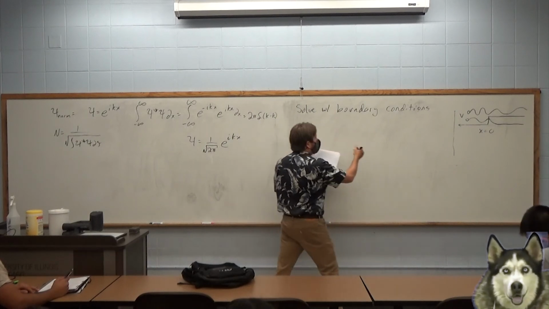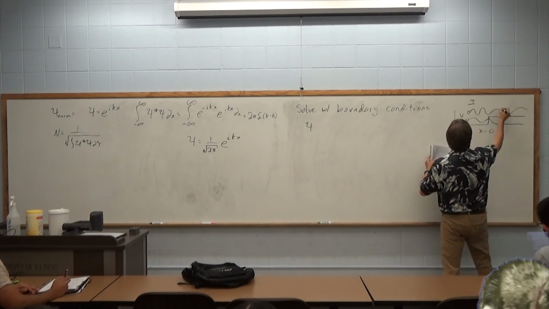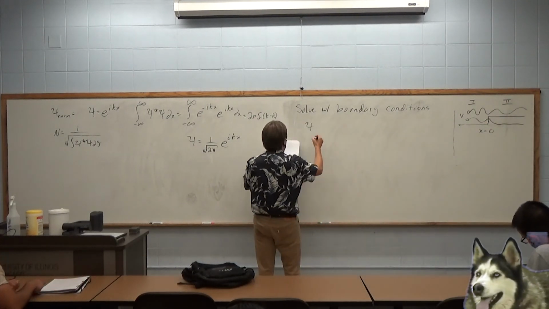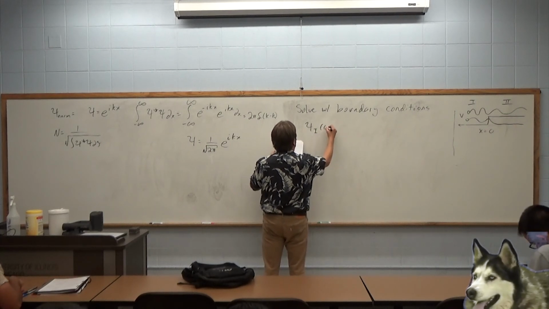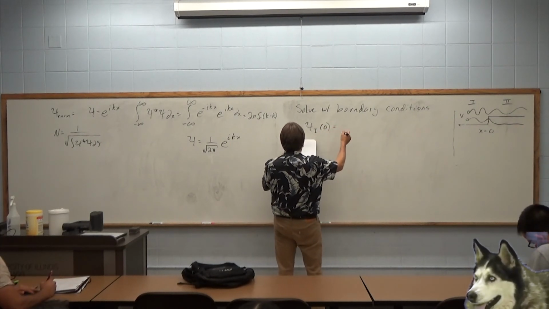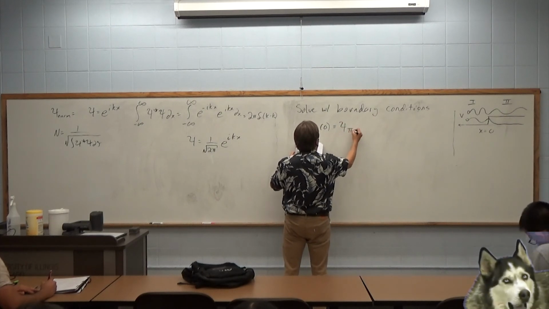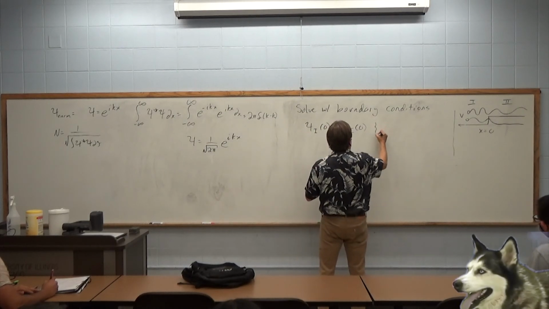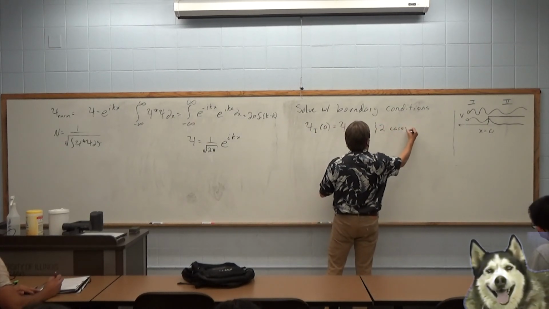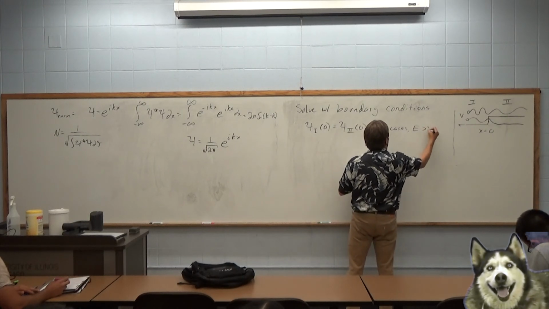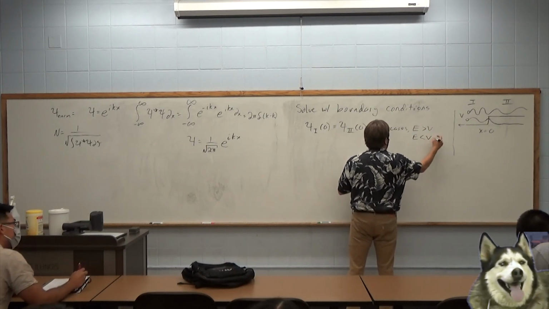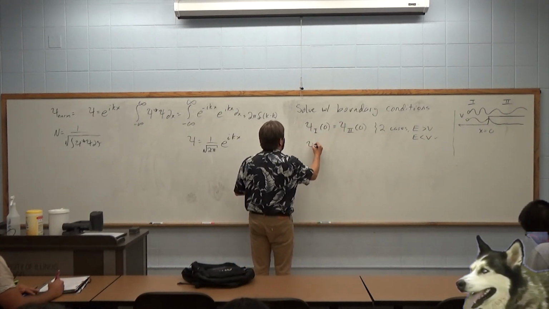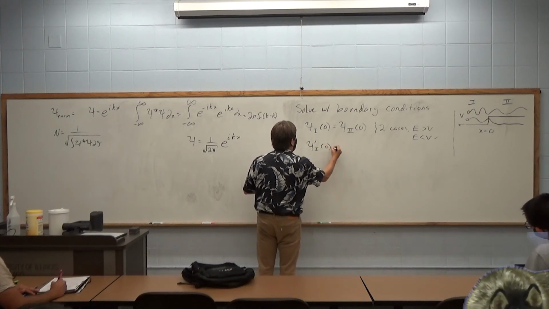But what you have is the first region, and you have the second region, and again, that's because they have different Ks. And what you assume is that in region 1 at the boundary, the wave function will be the same as region 2 at the boundary, and then you have two cases, E greater than V and E less than V, where E less than V is the one that's interesting. Then of course you have the derivative has to be equal.